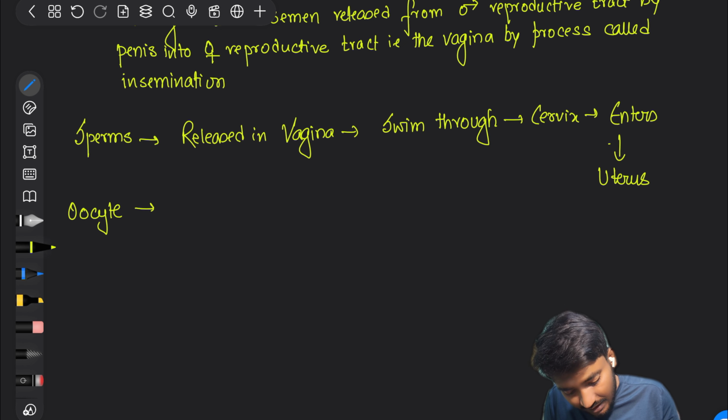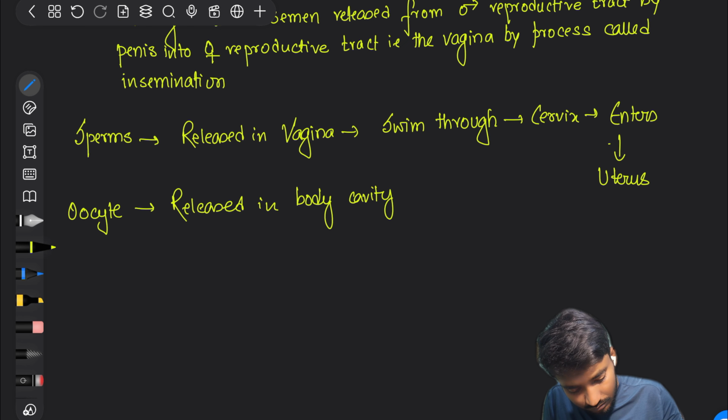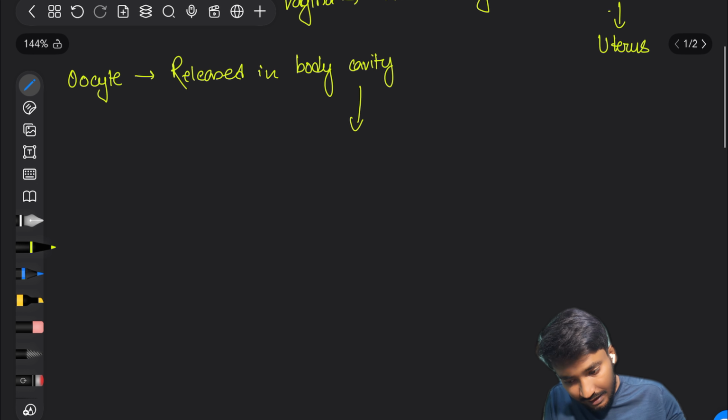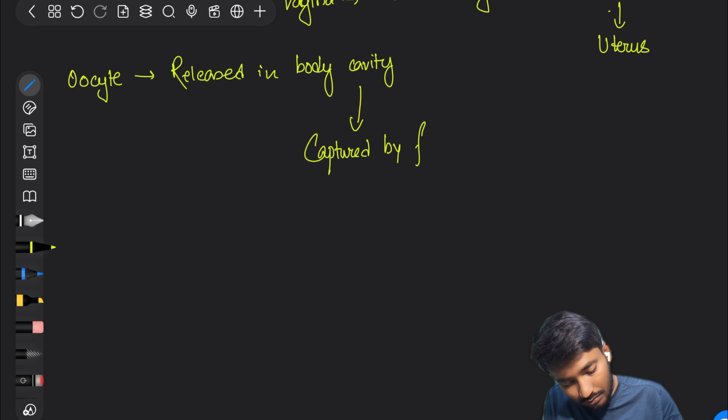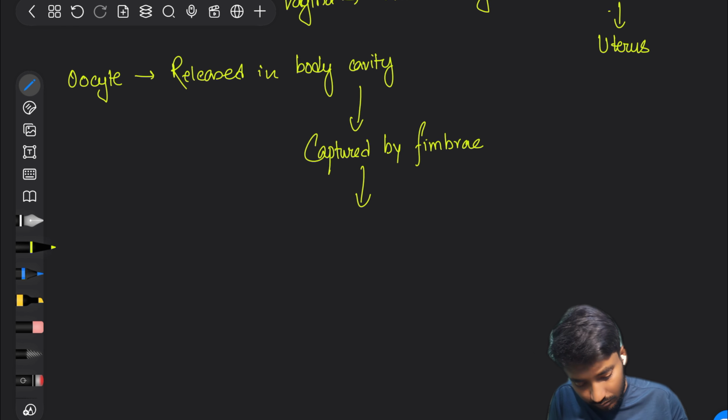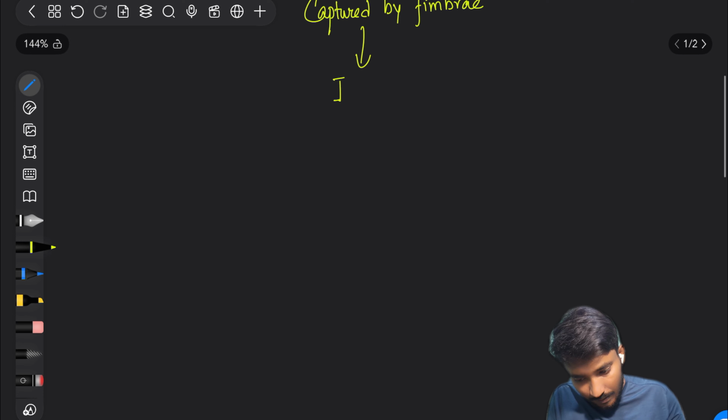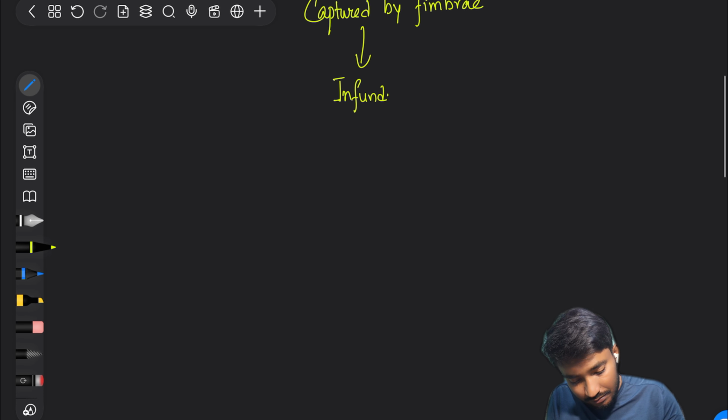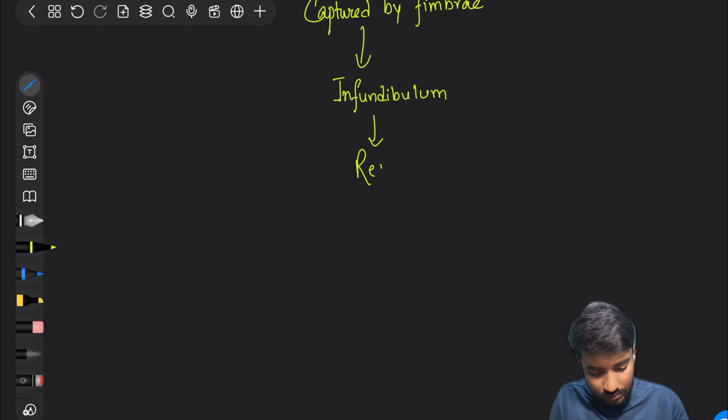Okay, now in case of the oocyte, released in the body cavity, captured by fimbriae, goes to the infundibulum, and reaches towards the ampulla.